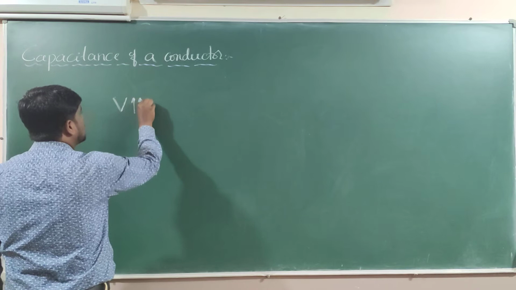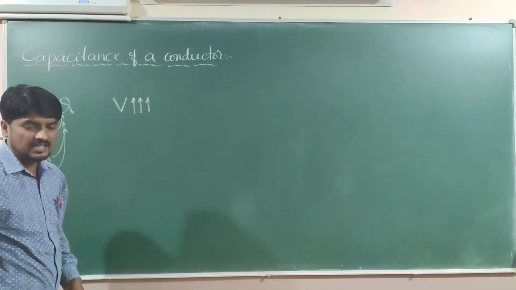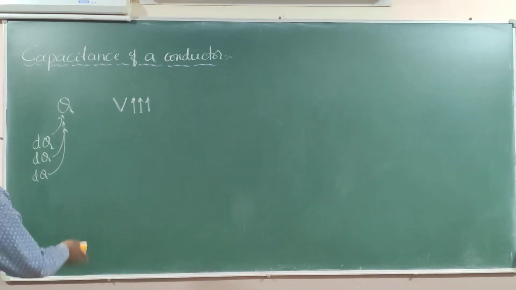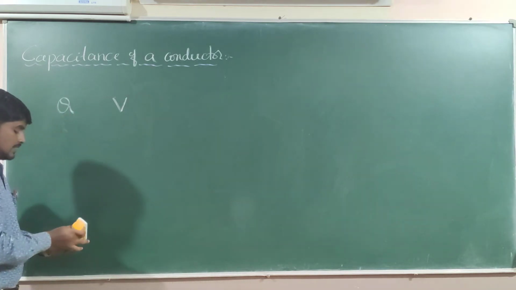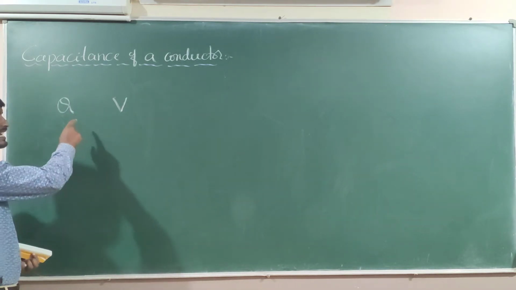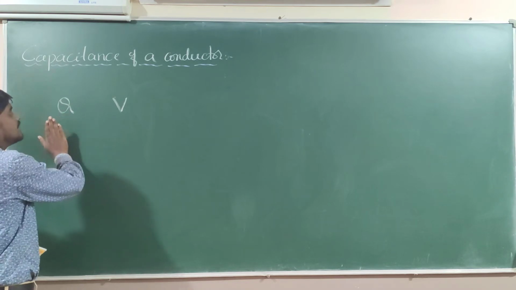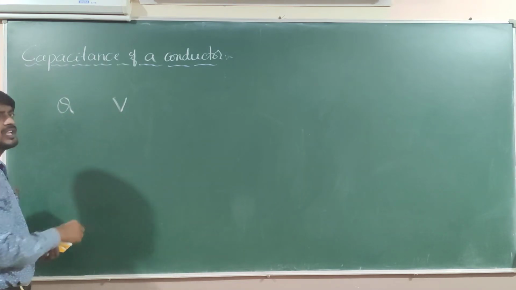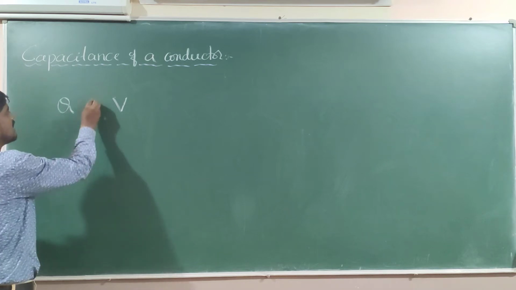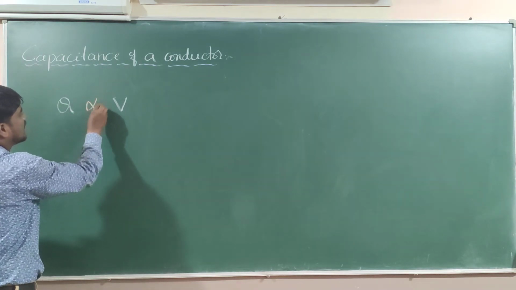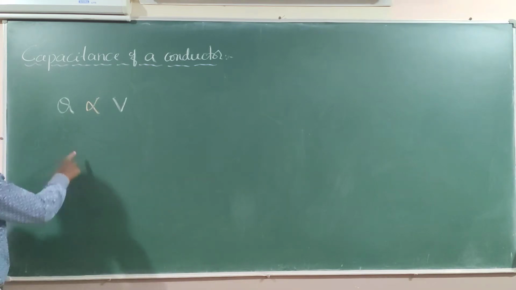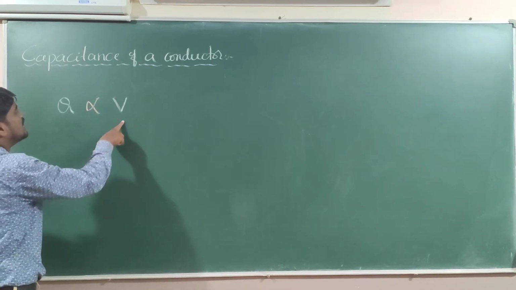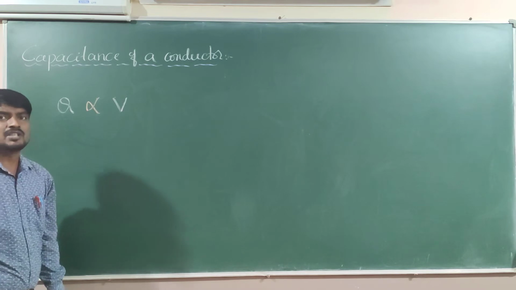Every time the potential is increasing. With this we can conclude that if the charge on a conductor increases, the potential also increases. Hence I can write that Q is directly proportional to the potential.